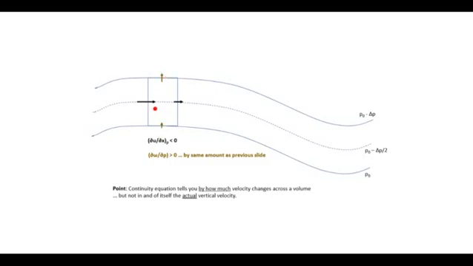So by itself, this doesn't tell you the actual value of vertical velocity, it just tells you the distribution of the vertical velocity. As long as d omega dp is of a sign and a value consistent with du dx, this mathematically works out, okay? So the point is the continuity equation tells you by how much velocity changes across the volume, but not in and of itself the actual vertical velocity. So we're going to have to do a little more work to pull that out, and you'll see where that comes from.